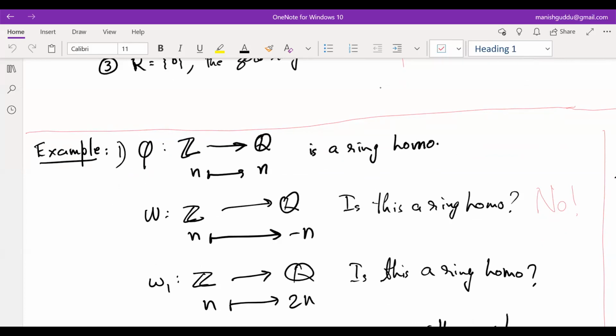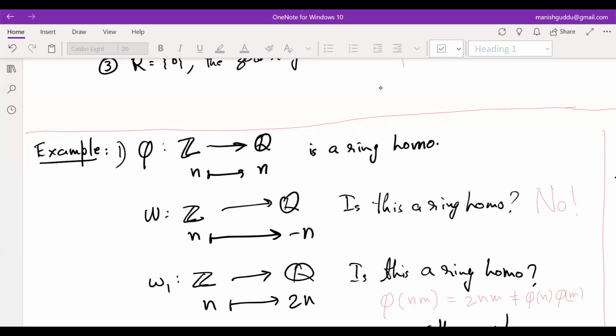Phi of n times m is 2nm, which is not equal to phi of n times phi of m, which will be 4 times nm.